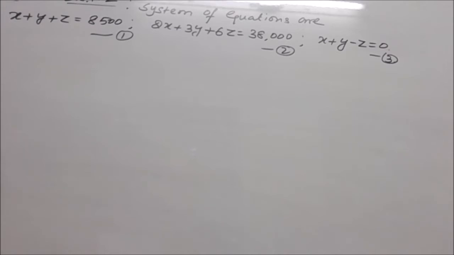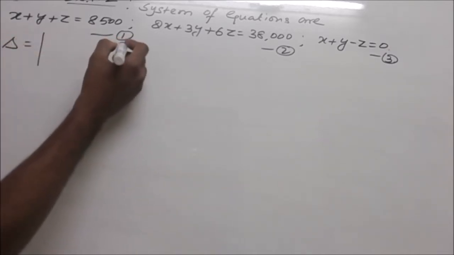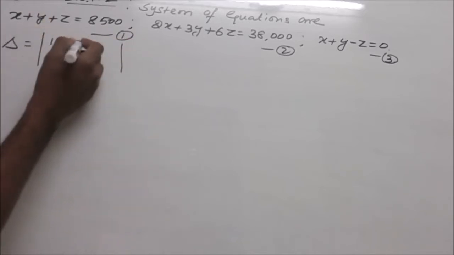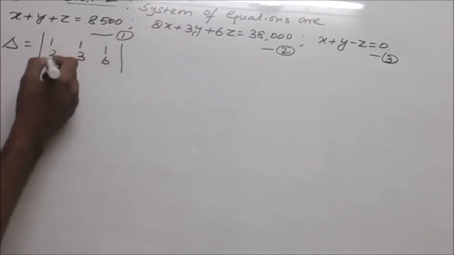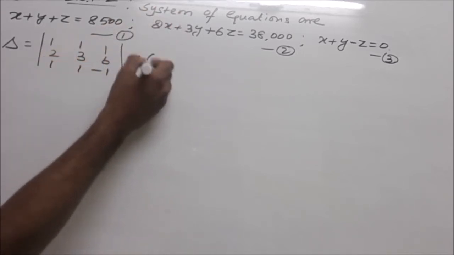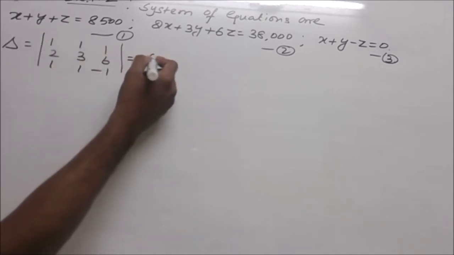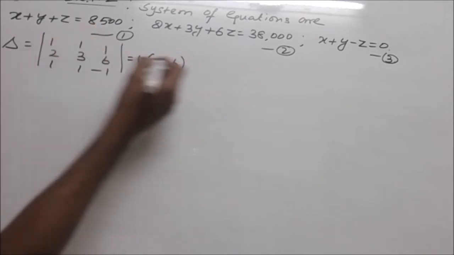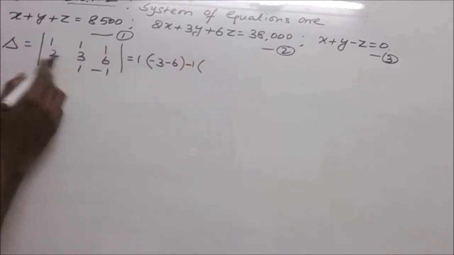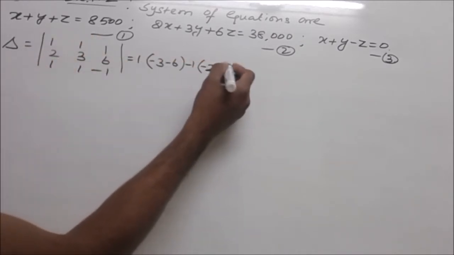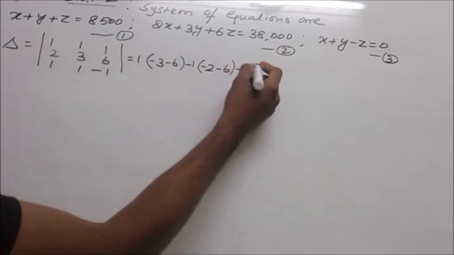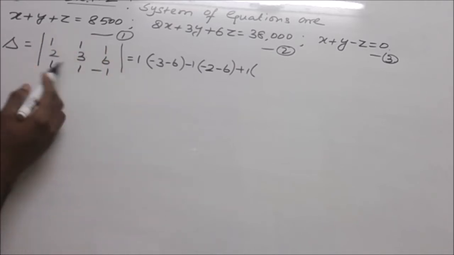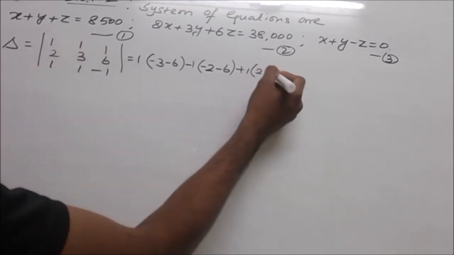Now delta will be equal to the determinant of the coefficient matrix: 1, 1, 1, 2, 3, 6, then 1, 1, minus 1. This is equal to 1 into minus 3 minus 6, minus 1 into minus 2 minus 6, plus 1 into 2 minus 3.